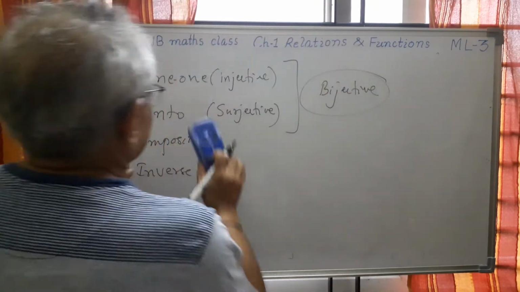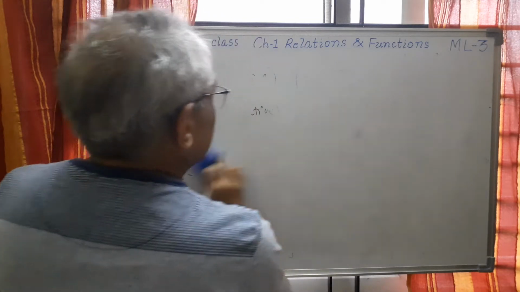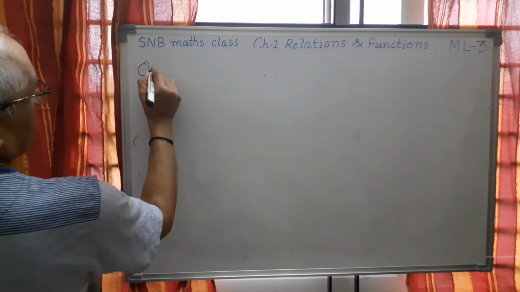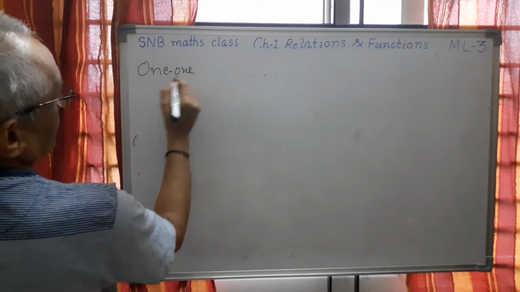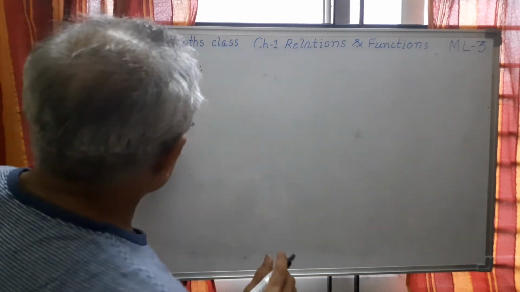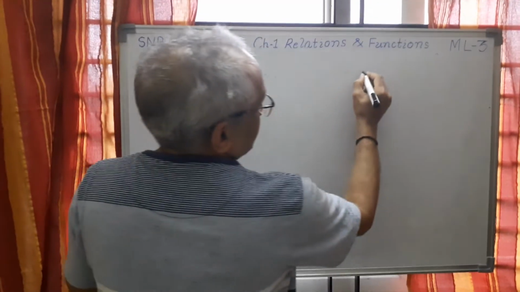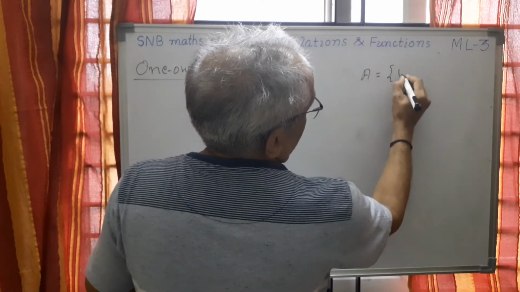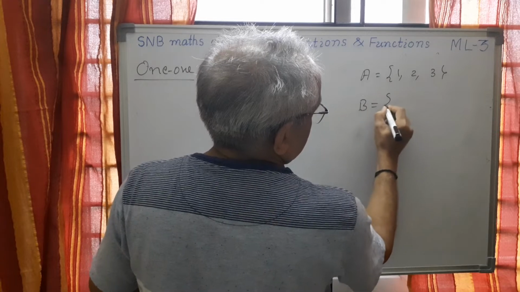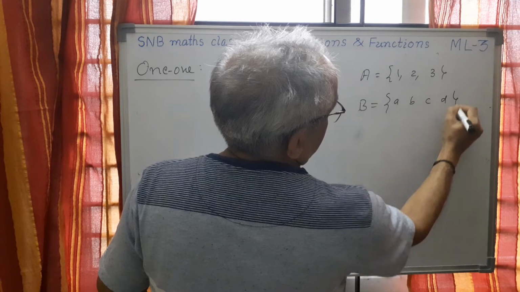Now let me take the first type, that is one-one function. So what is one-one function? Before giving the definition, let me make the concept clear. You take a set A, say 1, 2, 3, and take the set B as the codomain, say a, b, c, d.